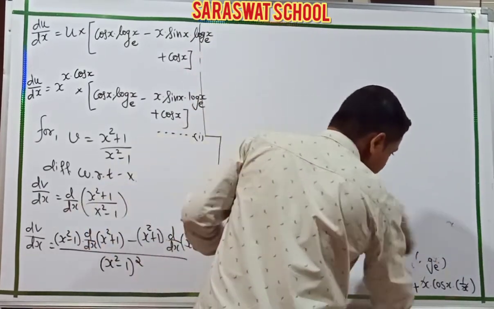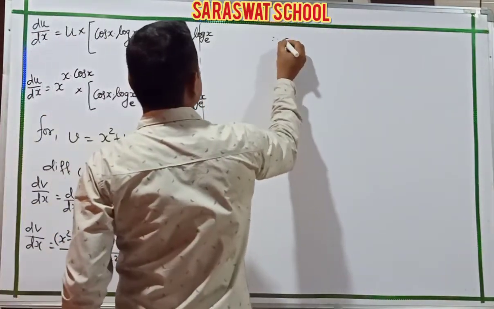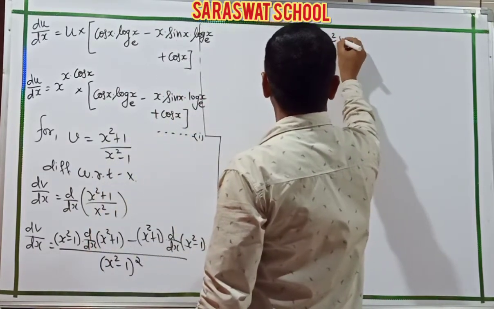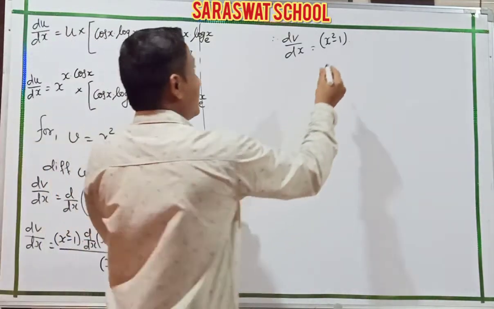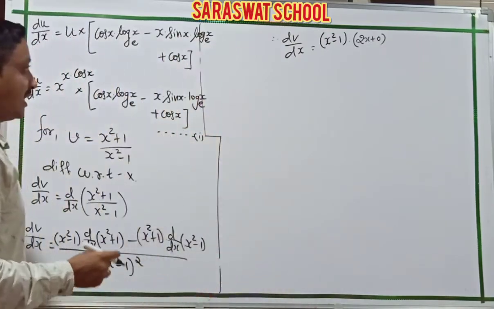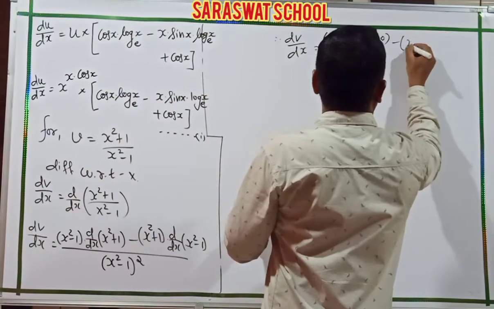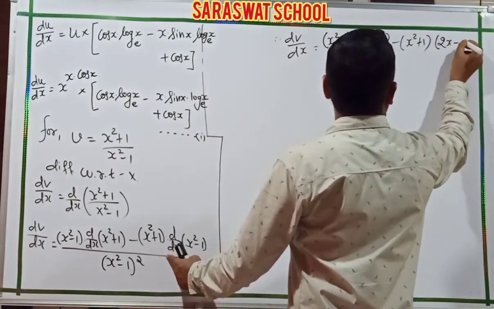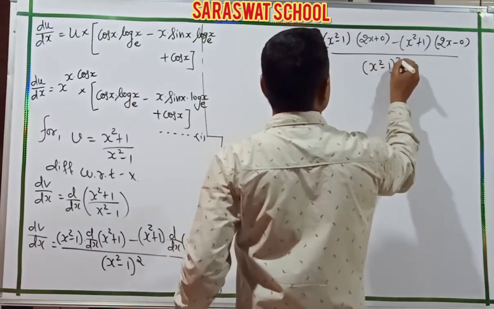It means you get the total dv/dx. What is the value? x square minus 1 the same. Yes, what is the derivative of x square plus 1? 2x. The derivative of 1 is 0, and that is the first value. Now minus x square plus 1. Here the derivative, students, is 2x. The derivative of 1 is 0, upon, here nothing to do, as it is.